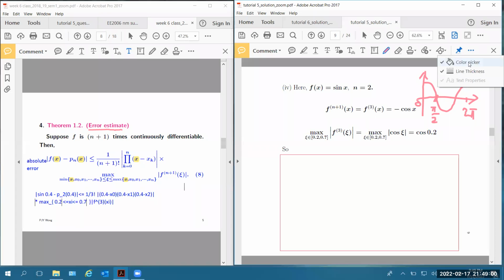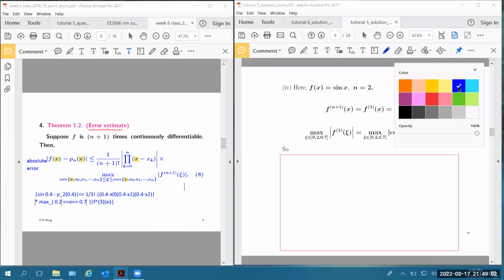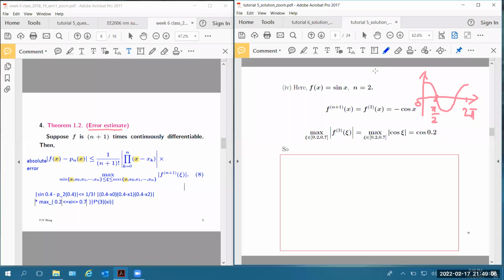Pi divided by 2 is what value? 90 degrees, I mean in degrees. No, I mean pi, you all know what is pi, right? 3 point something. So if you divide by 2, you should get 1.5, maybe.